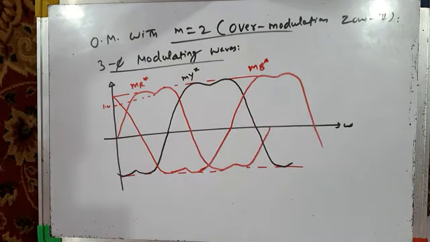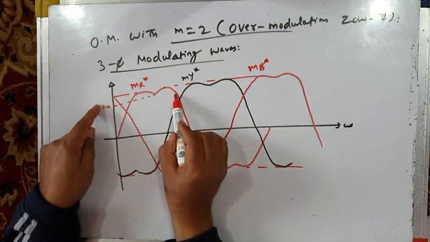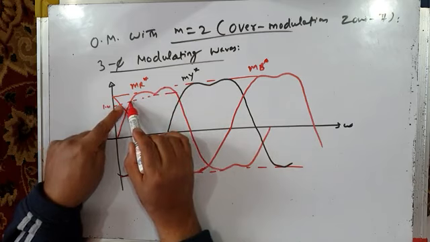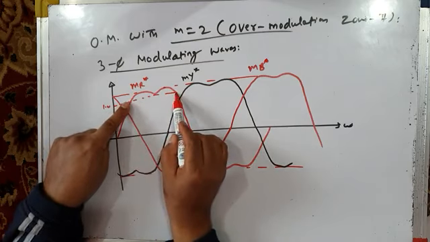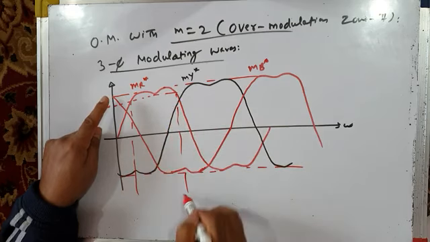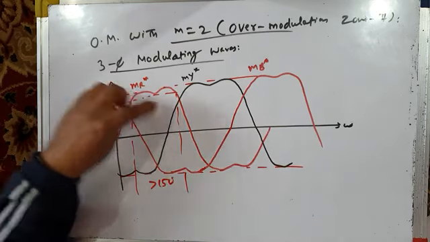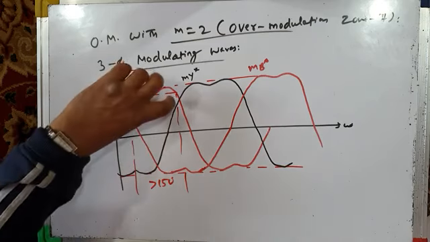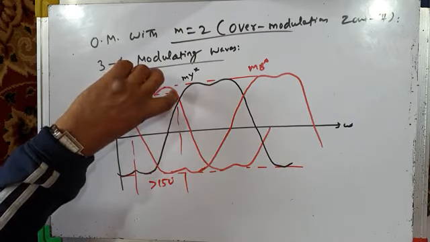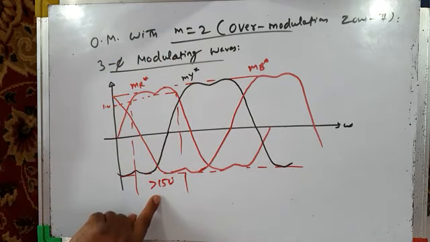So you can see, over-modulation is there for, this is one, over-modulation is there. See, for example, pulse dropping is for a larger period. And if you see this period, from here to here, it is greater than 150 degrees. Because MR star is greater than triangular carrier wave peak for a larger period, and during this period, there will be bus clamping or there will be pulse dropping. So pulse dropping is greater than 150 degrees.